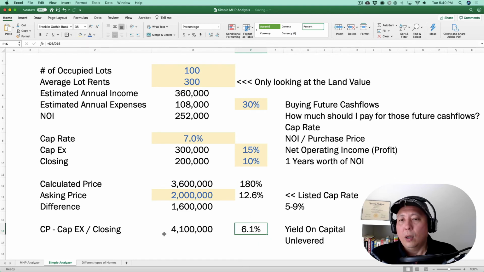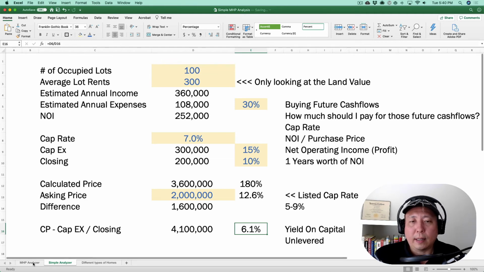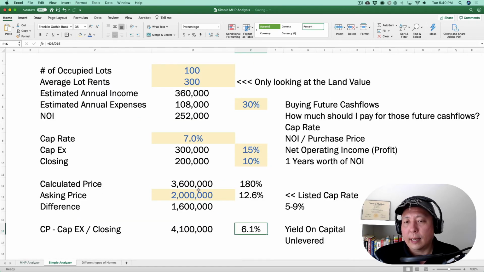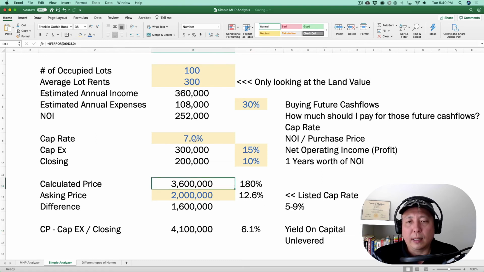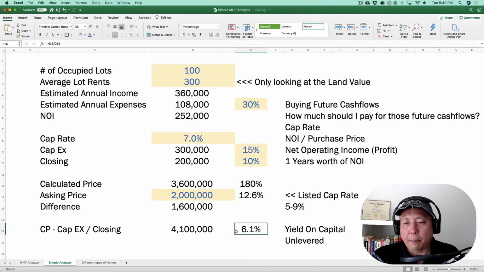So again, when you're doing an analysis of a deal, you need to look at the entire life cycle of it, including the exit price. But for right now, when we're just looking at pricing estimates, and these are sort of shortcuts to give us a sense for value quickly, you could see that even though $3.6 million is a 7 cap on the purchase, on the NOI, once you start to add in all these other different costs, your yield on capital is actually going to go down.